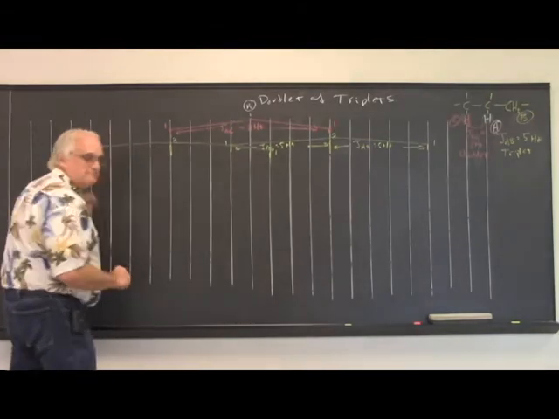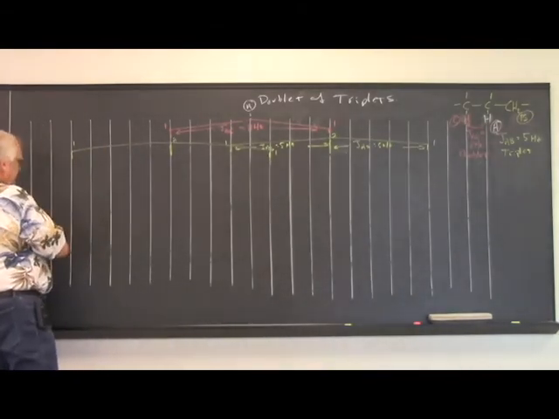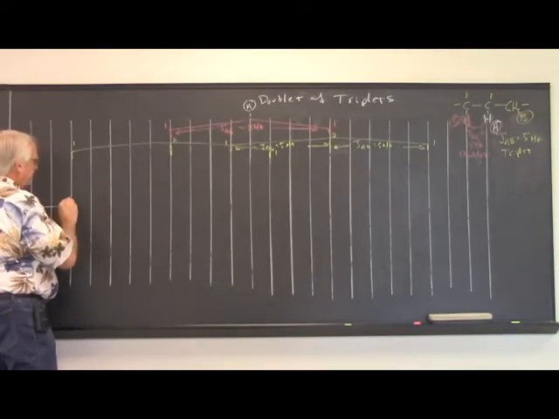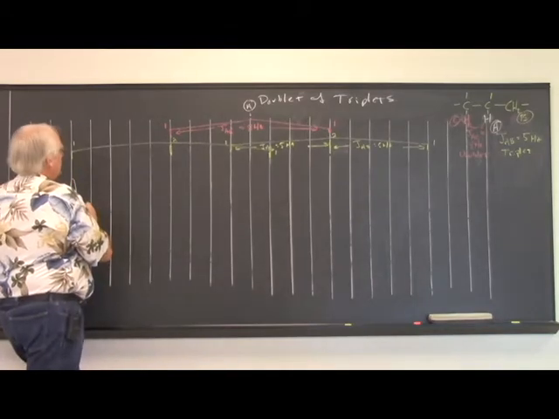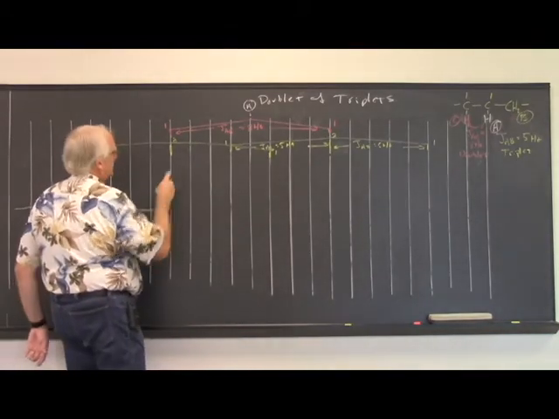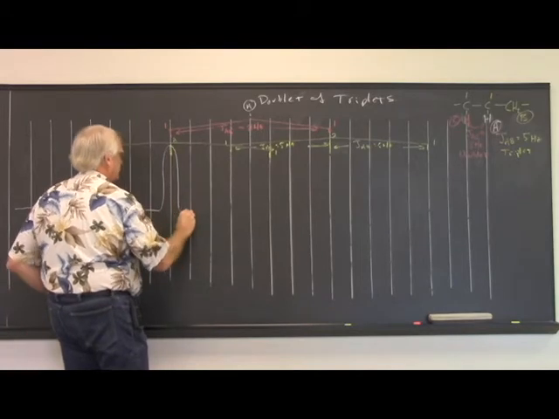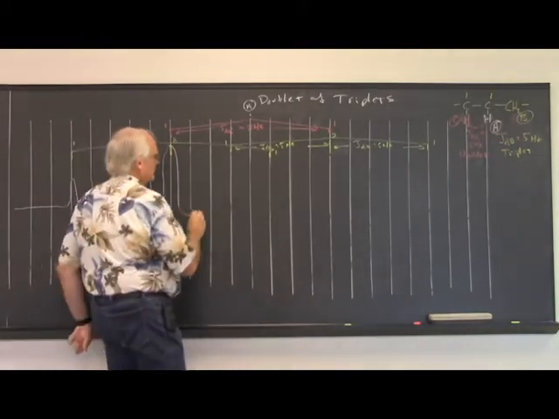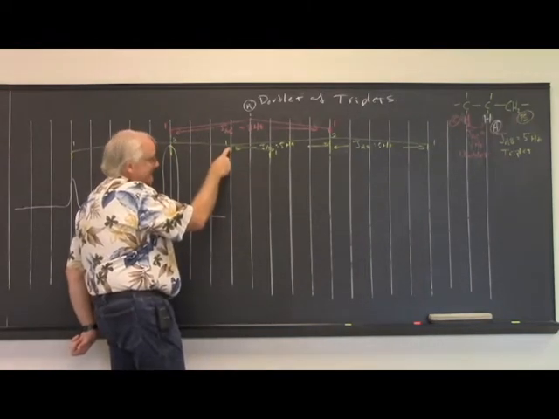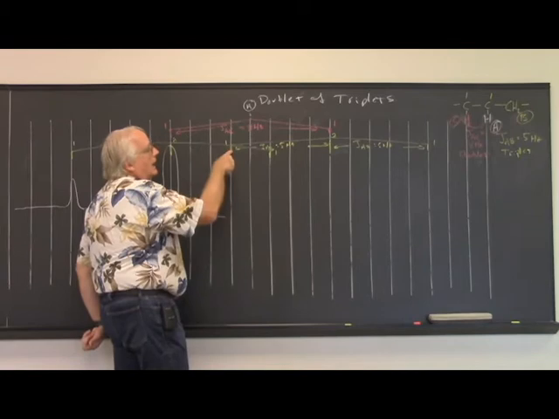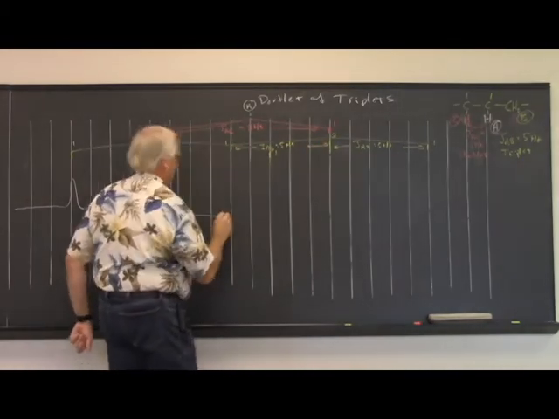I'm going to start over here at the risk of sliding out of the picture, but here will be our baseline. We have a peak, and it goes up, and I'll call that height 1. And I continue over here, peak height 2. And I continue over, and the next thing I come to is the leftmost branch, or the leftmost part of this branch.